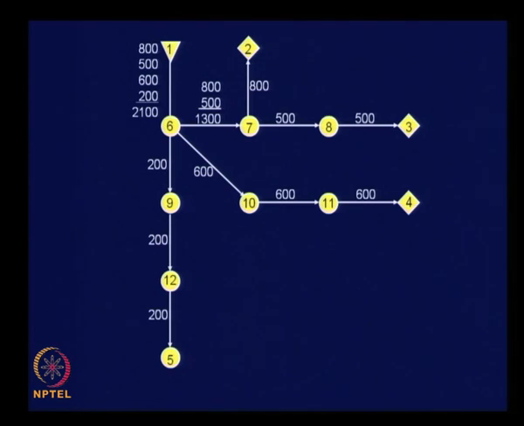So this is how we assign traffic as per the all or nothing assignment technique. We have assigned all the traffic along the shortest path, that is why the minimum path tree is used. We assign nothing to the other alternative paths to reach these nodes from 1. That is why we name this technique the all or nothing assignment technique.